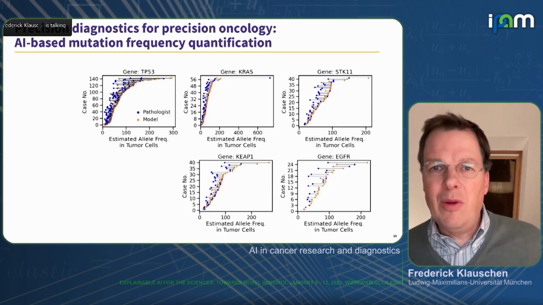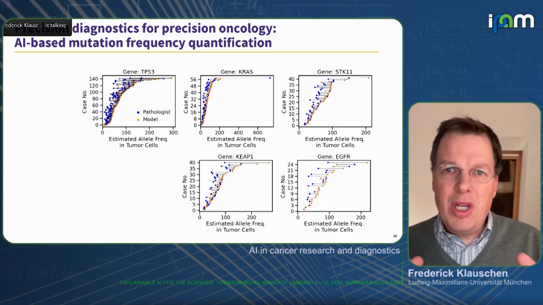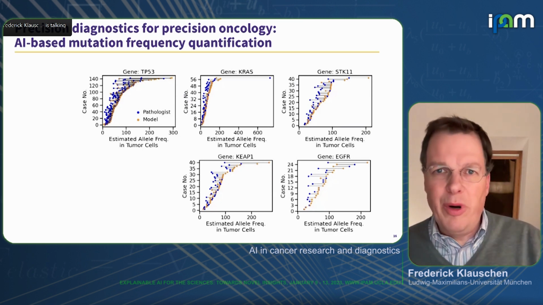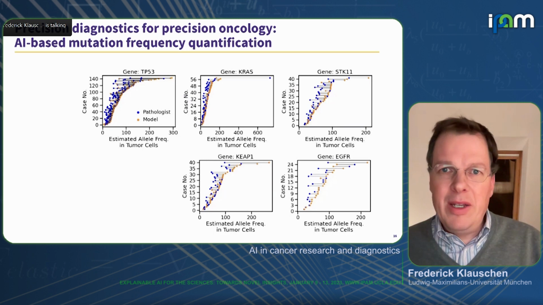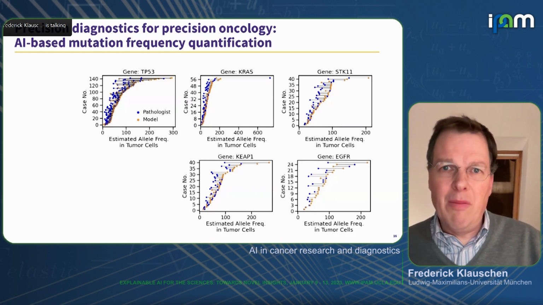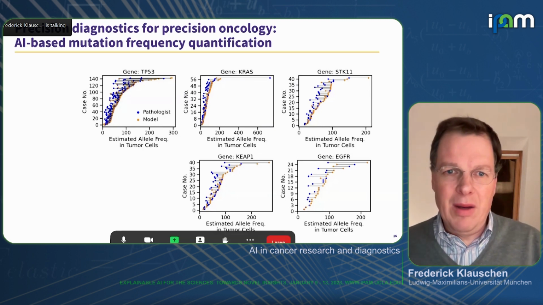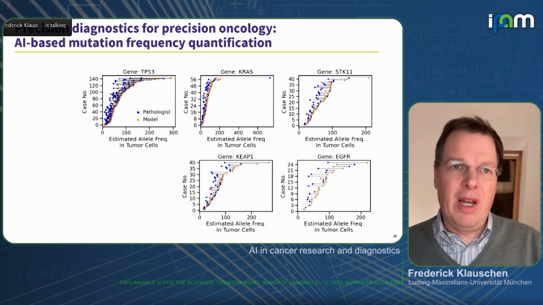So basically, you can measure, or normalize, to what extent a certain gene mutation is present in the tumor. And this information is important for the treating physician to know whether a patient can benefit from a certain drug or not. So here, AI can help you improve the process of making a more precise, more accurate diagnosis.